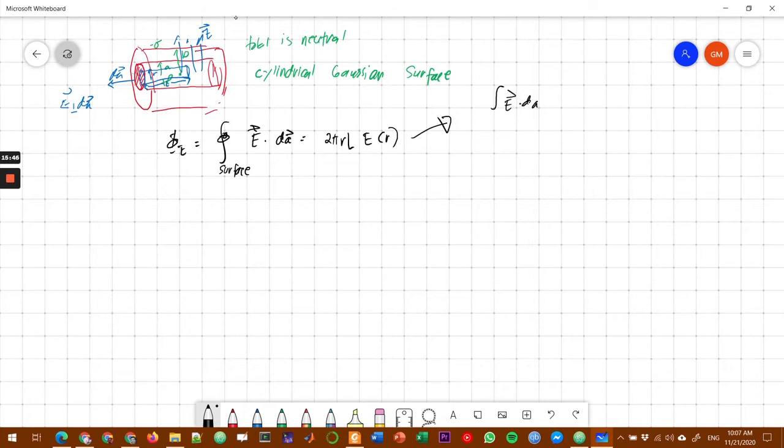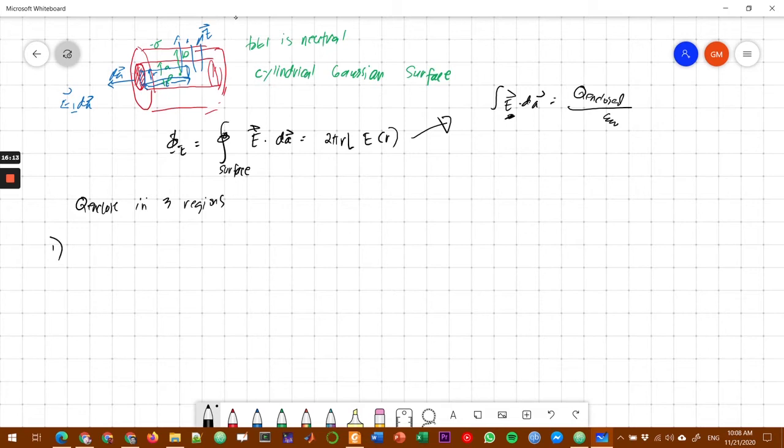So, makuha mo na itong electric field, diba, by using the Gauss's law. E dot dA, this is equal to Q enclosed over epsilon naught. So, to get the electric field, we need to calculate first the Q enclosed. So let's calculate the Q enclosed in 3 regions.